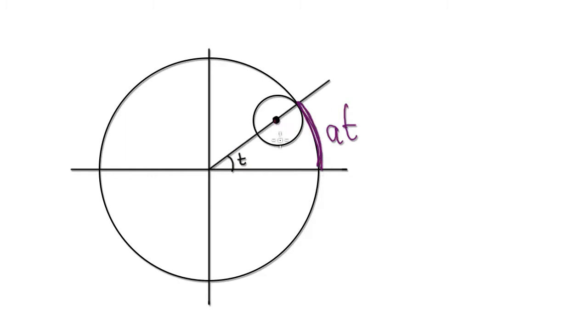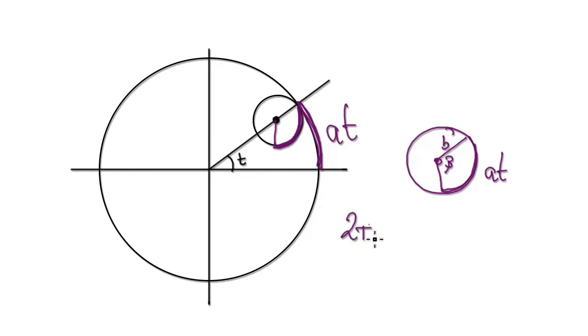So now we know that this arc length is at. Now looking at the smaller circle of radius b, so we are looking at this circle here. It has a radius of b. We need to work out the angle beta. We know the arc length is at. So now let's work out beta. Looking at this, let's work out the whole circumference of the small circle.